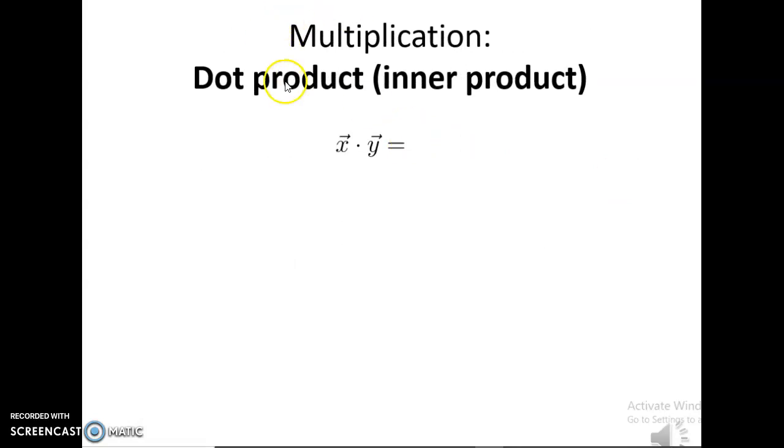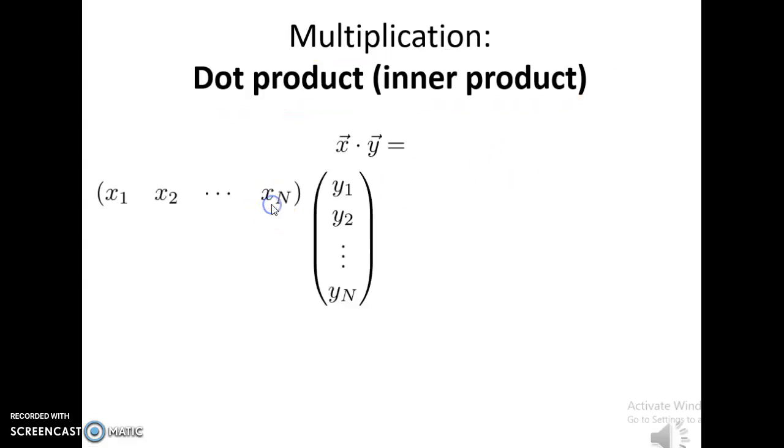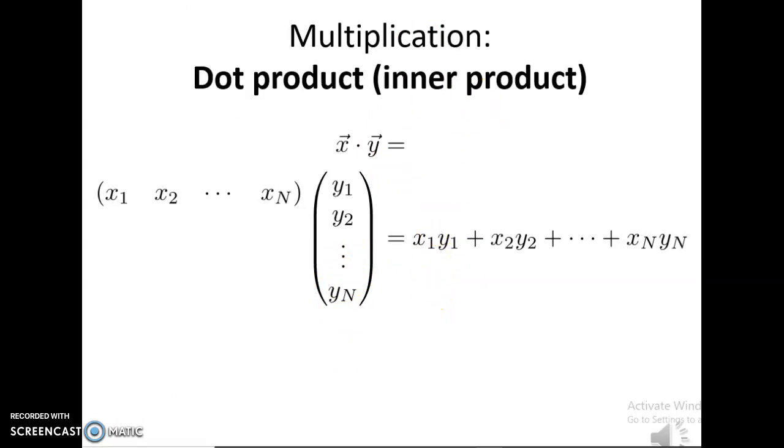Dot product multiplication. Dot product means inner product, inner multiplication. The x vector dot y vector equals x transpose y.